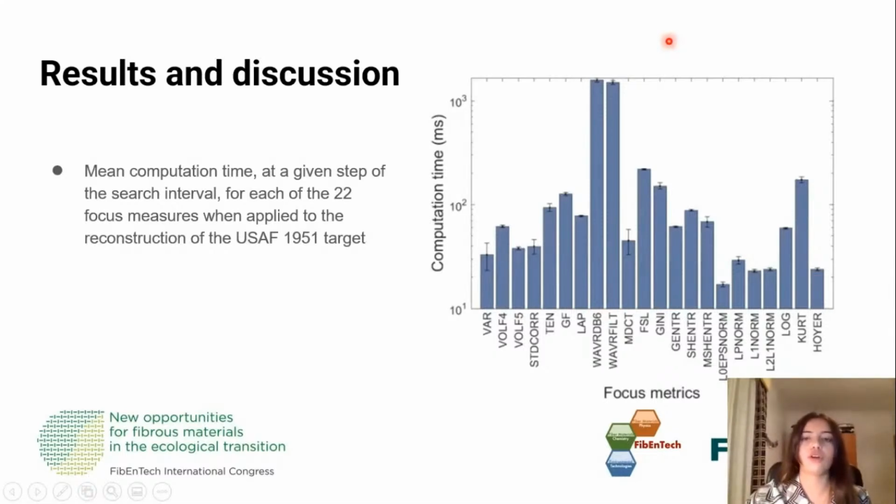The tests were performed on the USAF 1951 reconstructions. It can be observed that among the most performing metrics in terms of correct identification of the focus distance, the sparsity-based metrics, LP, L1, and L2 over L1 norms have the additional advantage of being very fast.